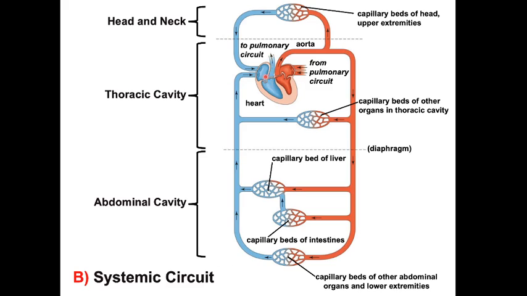And so this AV valve prevents backflow into the atrium when the ventricle contracts. The same thing here. This AV valve prevents backflow when this ventricle contracts, because when this ventricle contracts, it wants to squirt blood into this pipe, not backwards into this atrium. And so both atrioventricular valves prevent that backflow.